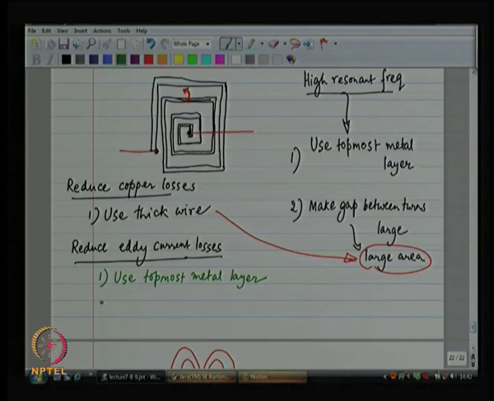So, therefore, what we do is we use a highly resistive substrate. What is the substrate made up of? The substrate is normally made up of silicon doped with p type material.